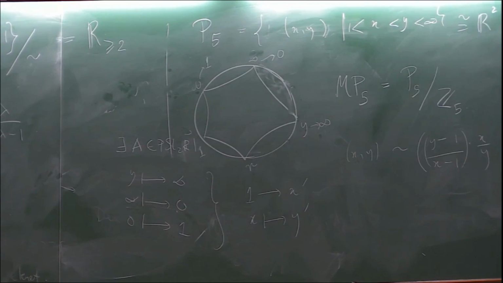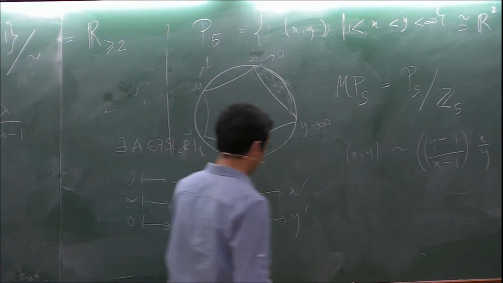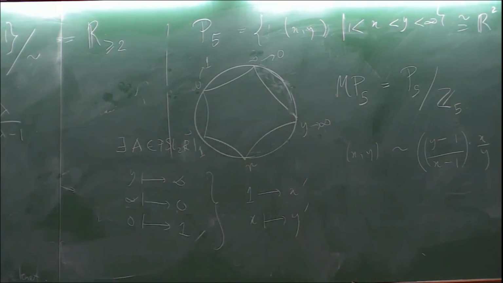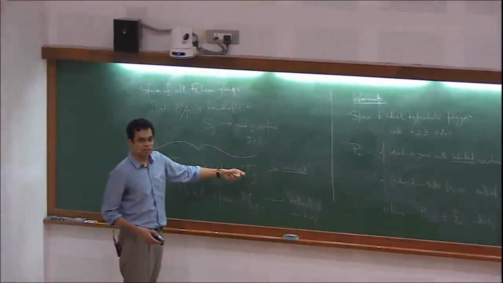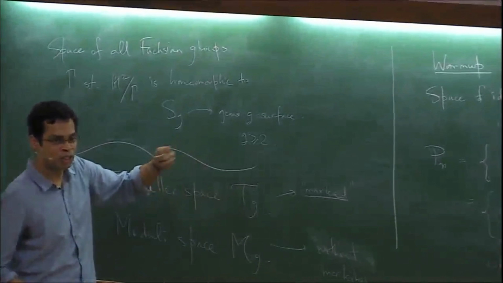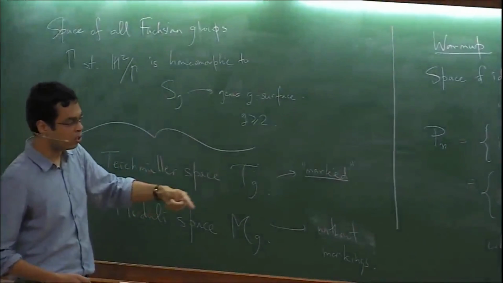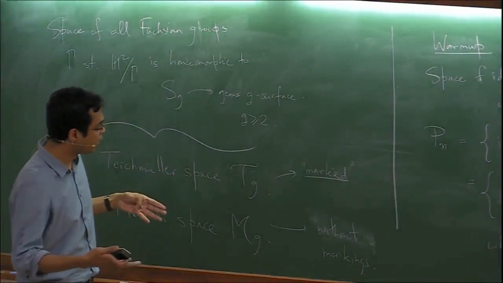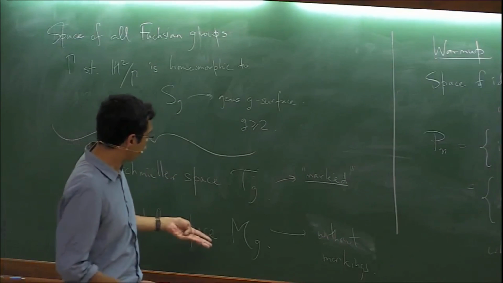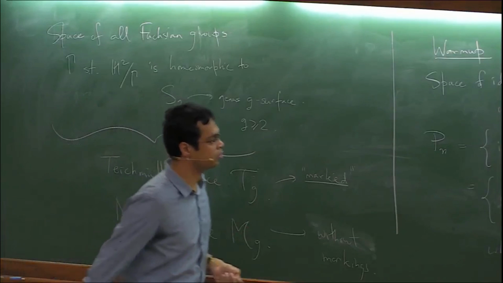So now that we know, this was a warm up, but now that we know what this marking is. Here, you don't have ideal vertices, but you have curves which generate the fundamental group. So this marking would mean that you label those curves. You label generators of the fundamental group. And moduli space would be things where you don't label the generators of the fundamental group.